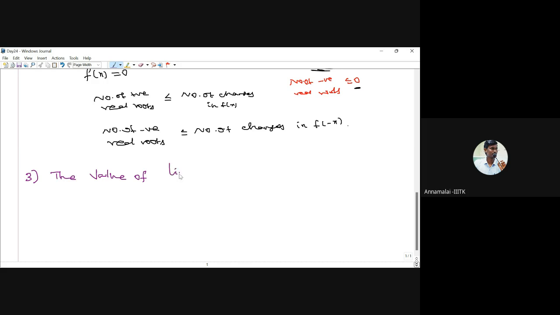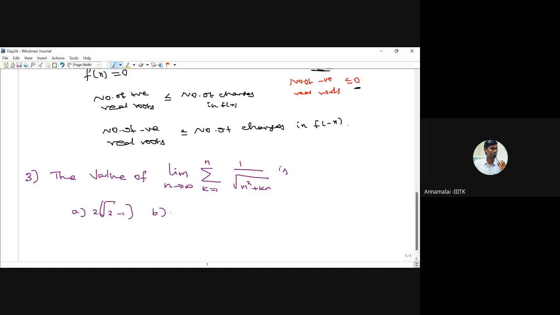So the value of the limit n goes to infinity, summation k equal to 1 to n, 1 by square root of n square plus k times n. So what is the value of this? First option is 2 into square root of 2 minus 1.